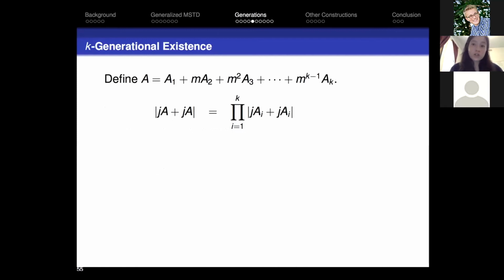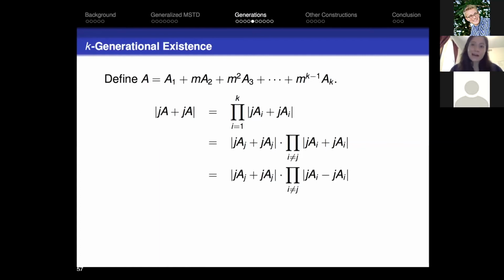So first we're going to look at JA plus JA, and as defined in base expansion, we know that we can write its cardinality as this product here. Then next we're going to split up the product into two parts. Now we're going to look at the right-hand side of this product.